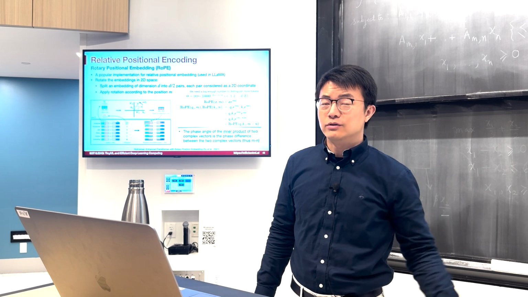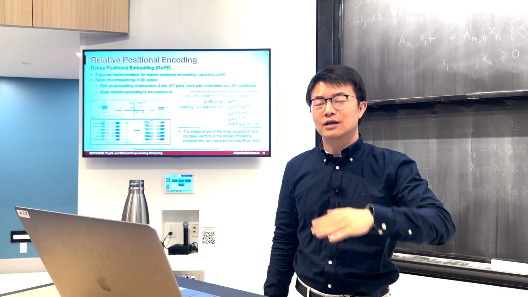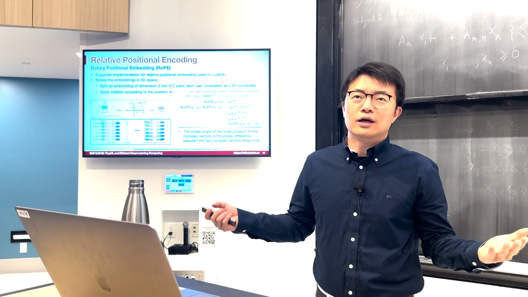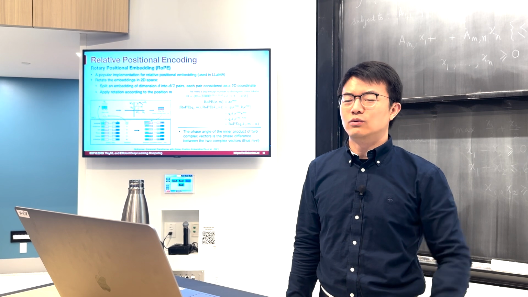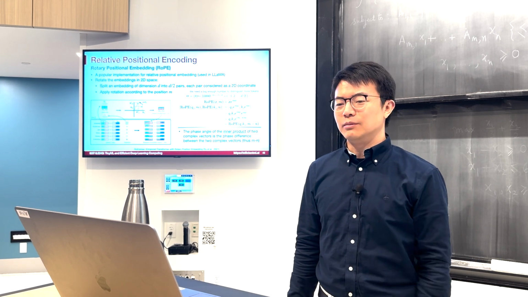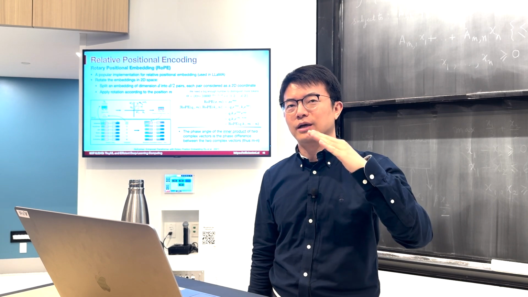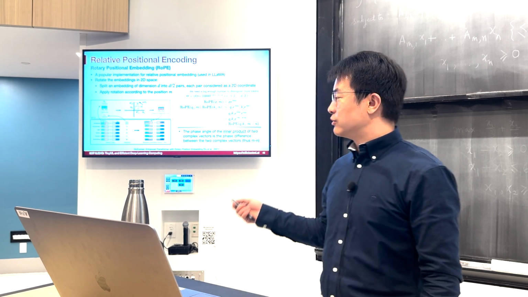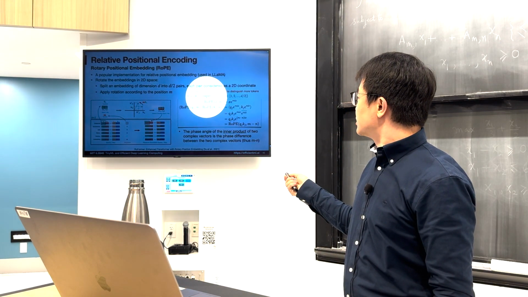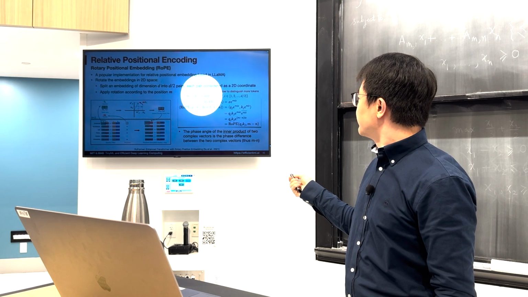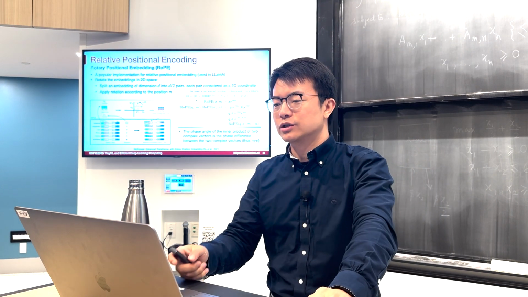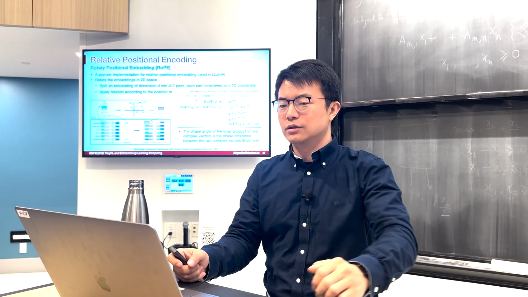Otherwise, if you rotate by 2 pi, you can no longer distinguish these two vectors, since once you rotate by 2 pi you come to the same original place. Therefore, we just want to rotate it by a little bit, so we have a pretty large value here in order to distinguish more tokens.